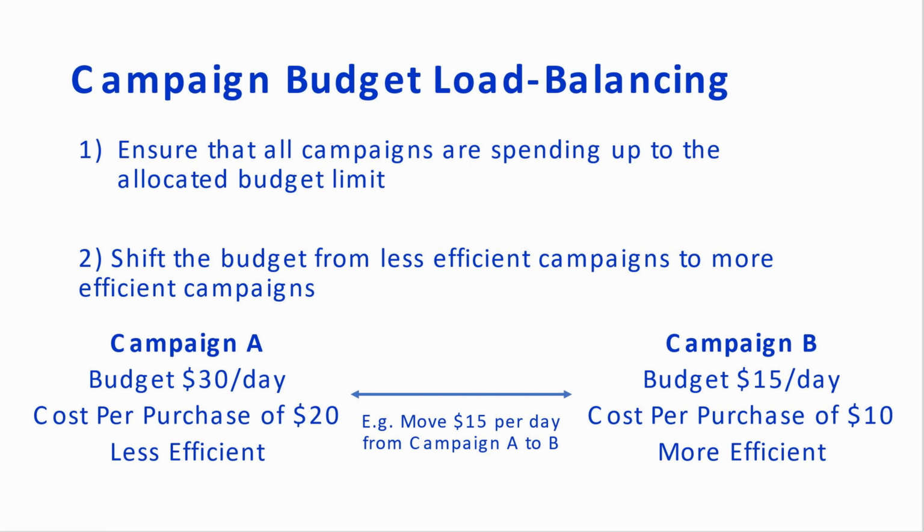Now, what I will do is shift the money from those campaigns which are not efficient, which means with a higher cost per acquisition, cost per lead, or cost per purchase, and move it over to a more efficient campaign which has a lower cost per lead, cost per acquisition, or cost per purchase. In doing so, you ensure that your money is being well spent and you'll be stretching your dollar correctly.